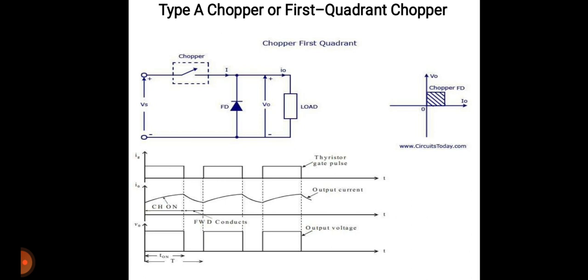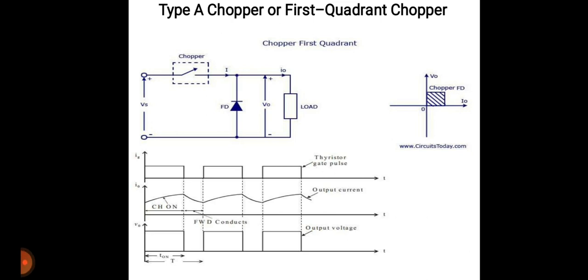It is thus seen that average values of both load voltage and current, that is V0 and I0, are always positive. This fact is shown by the hashed area in the first quadrant of the V0-I0 plane. The power flow in type A chopper is always from source to load.